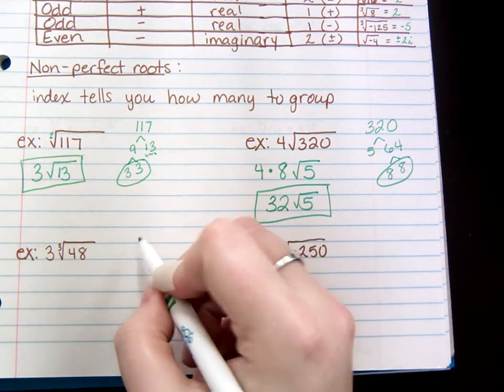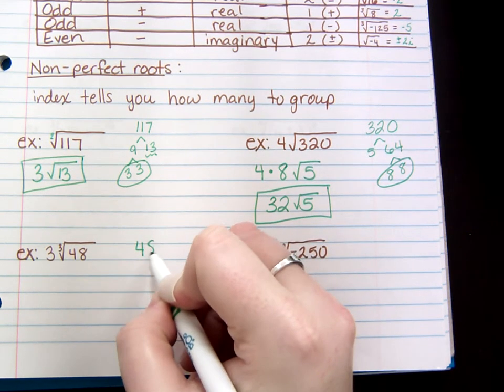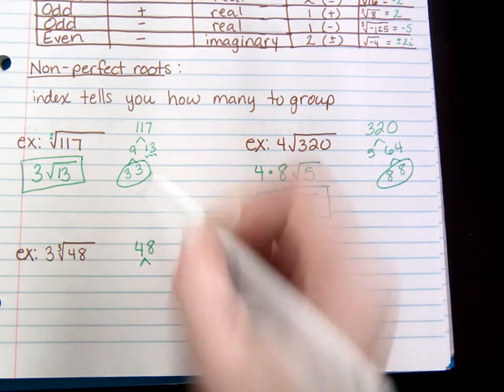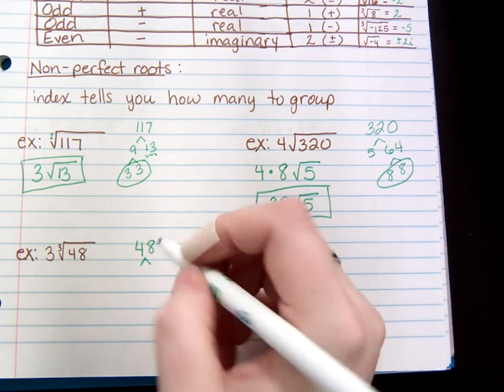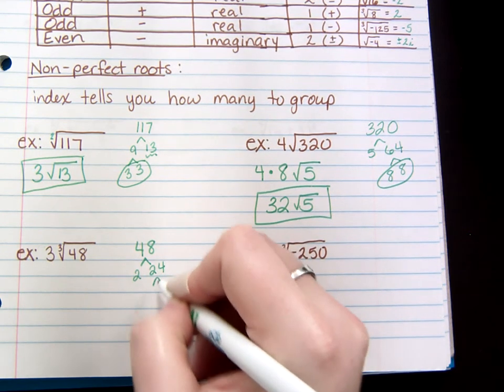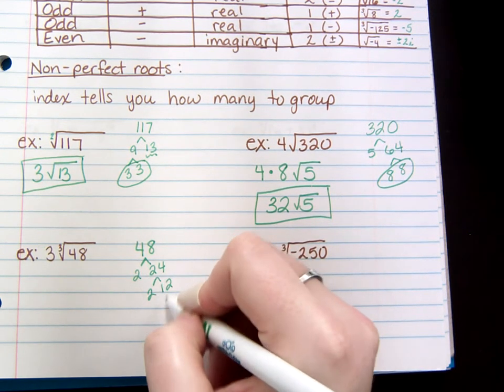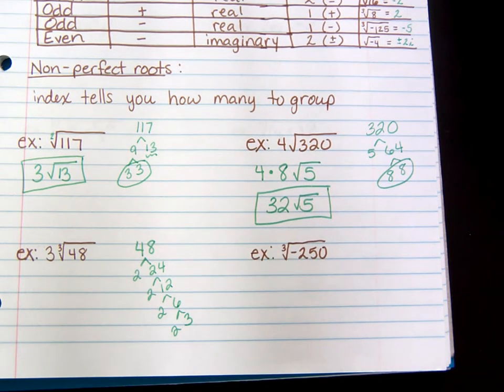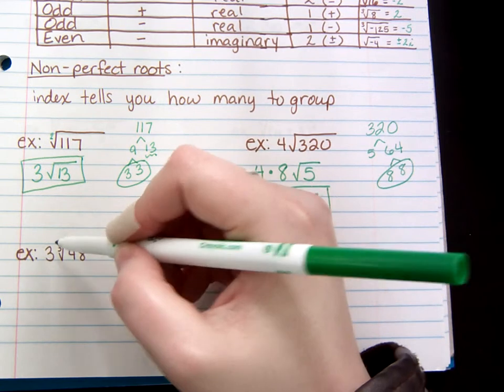The only real difference is that we have to have three of a kind to group. So let's take this one. 48 is 2 times 24, which is 2 times 12, which is 2 times 6, which is 2 times 3. But now my index is 3.